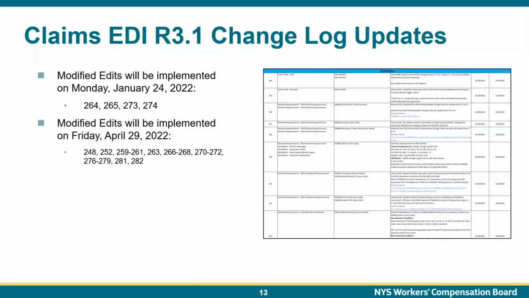And change log item 274 also applies to DN0204, workweek type code. The population restriction 0204-64B was modified by adding the word not to the requirement in front of the blank for DN0205 workday schedule code. So it previously read, if DN0204 is F for fixed work week, then DN0205 workday scheduled code cannot be all Ns.